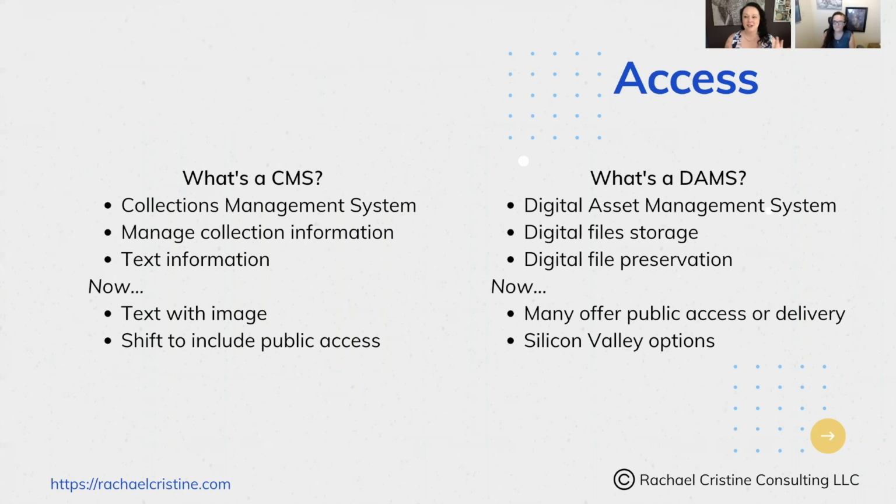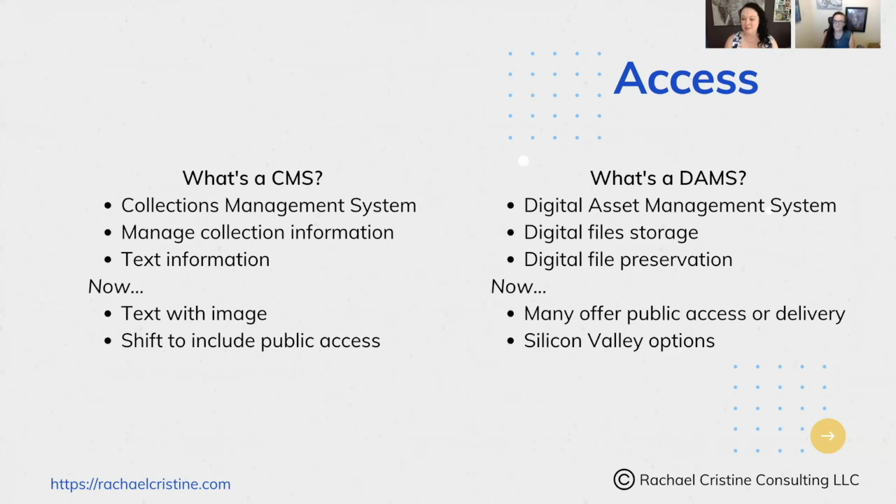Now we're getting a bit of a crossover across these products in terms of maybe you have a collections management system, but now you're able to do text with image. Now you're able to do a collections management system that publishes online instead of just the internal card catalog.